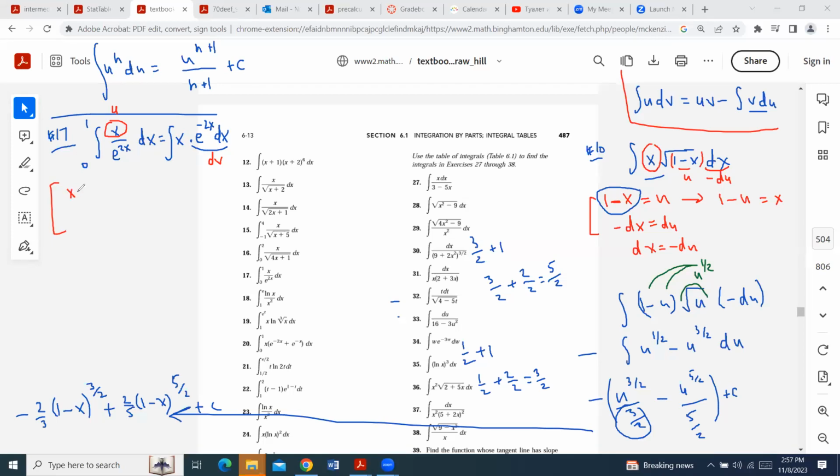So if x is u, and if e to the power of minus 2x dx is dv, we have to take the derivative of the first and the antiderivative of the second. So the derivative will be 1, so I just have dx is the same as du.